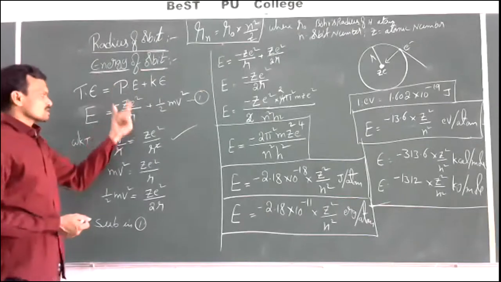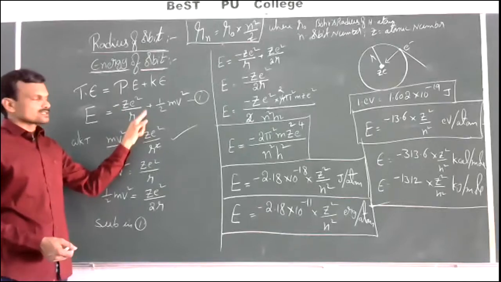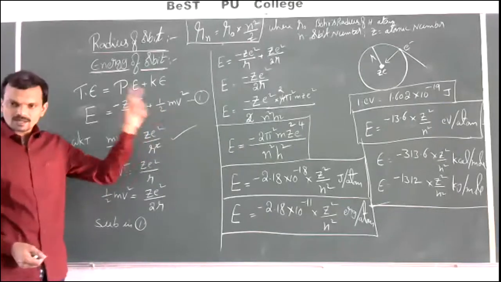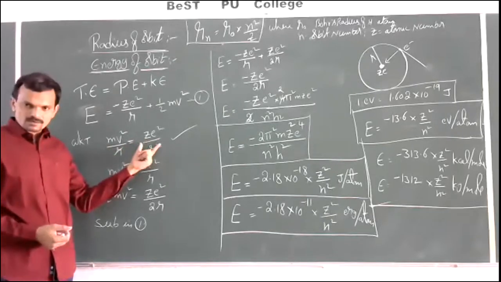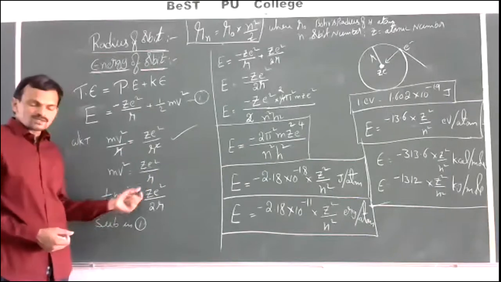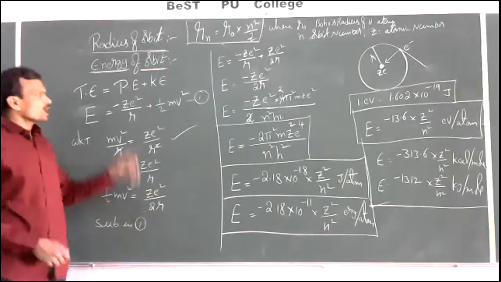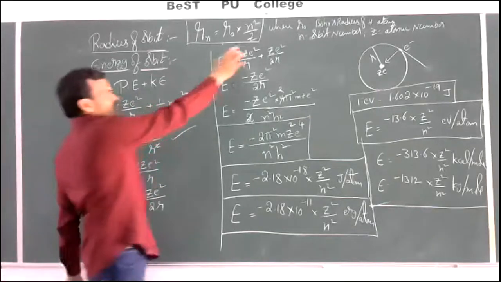Potential energy is minus ZE square by R. Kinetic energy is half mv square. As you know, centrifugal force is equal to centripetal force. Then mv square is equal to ZE square by R and half mv square is equal to ZE square by 2R. Now replace half mv square with ZE square by 2R, then we get this expression.